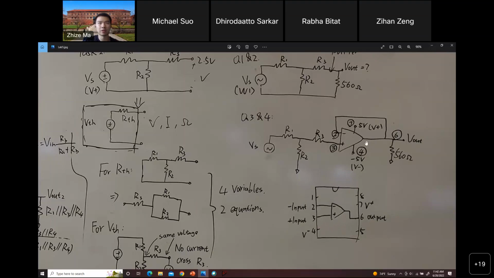If you check the schematic, it already tells you the positive power supply connects to the positive 5 volts, which means pin 7 I need to connect to the DC 5 volt power supply, and pin 4, right here, is the negative power supply on the schematic. So I will connect pin 4 to the negative power supply.